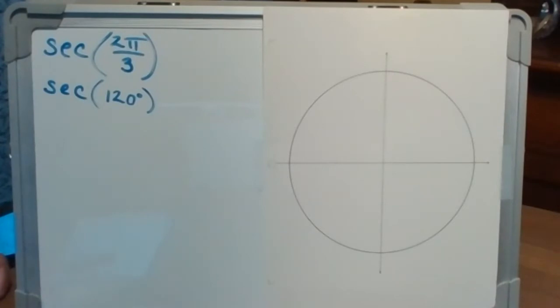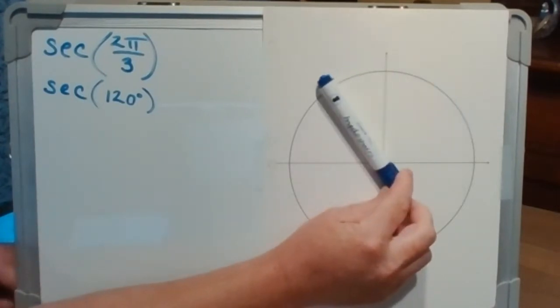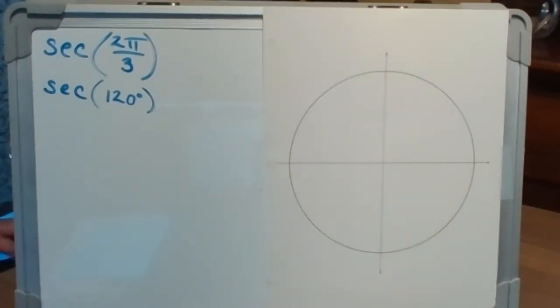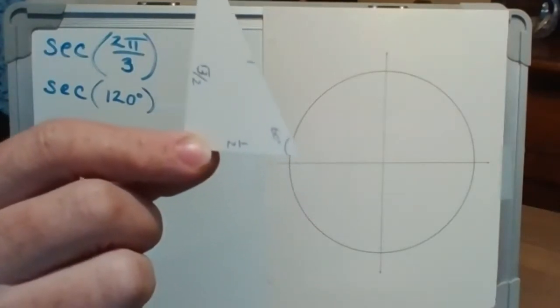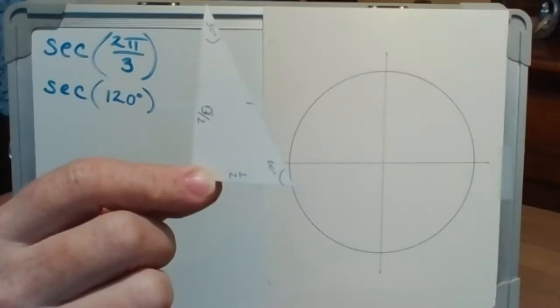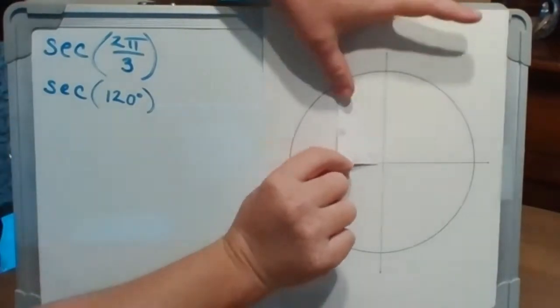So 120 degrees puts us in quadrant 2. What is our reference angle going to be? It's going to be 60. So our triangle is going to be in this direction because we want that reference angle of 60 to be at the origin and the right angle to be on the x-axis.